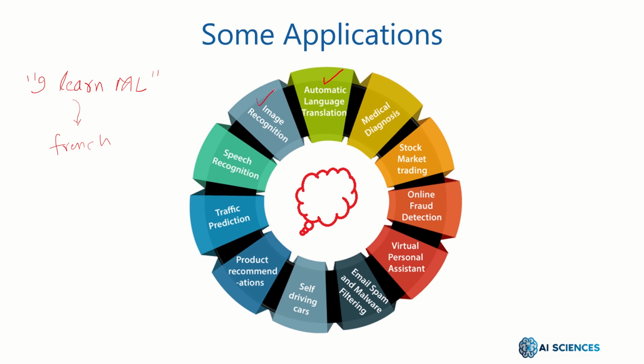Image recognition, not just text. Let's say we have an image and I want to know the category of this image. For example, if this image contains a vehicle, I may call it a vehicle image. If it does not contain any vehicle, I may designate it as a non-vehicle image.